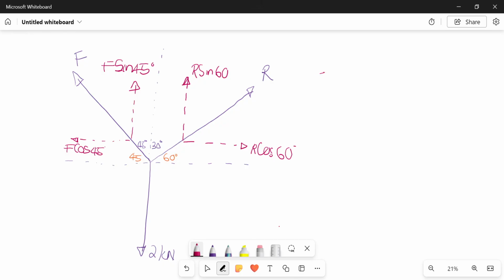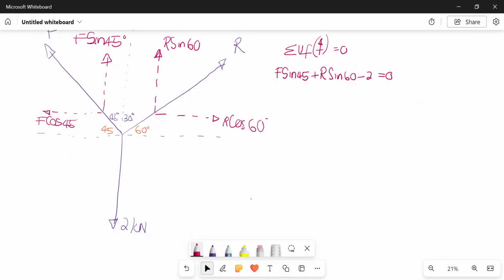So we can start with the sum of the vertical forces, and we'll assume that upwards is positive. It's an assumption, no one is wrong. Then equate it to 0. Then we're going to say F sine of 45 plus R sine of 60 minus 2 gives us 0. Did we include everything? I think we did.